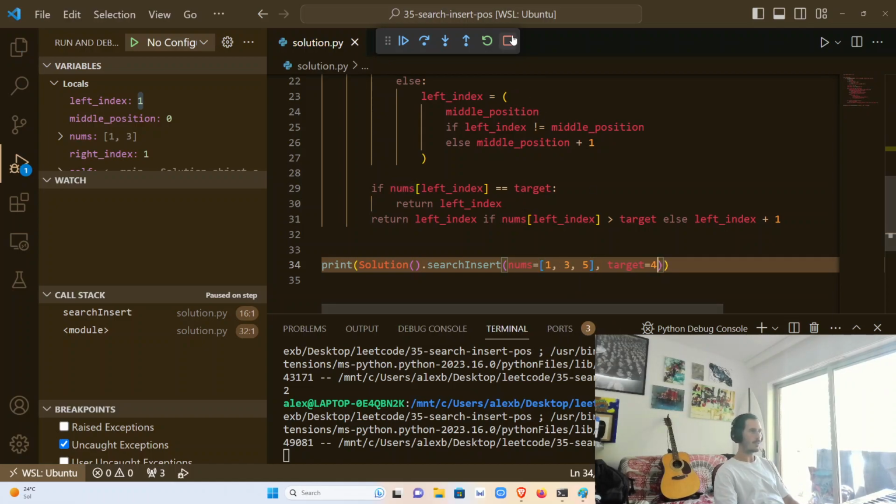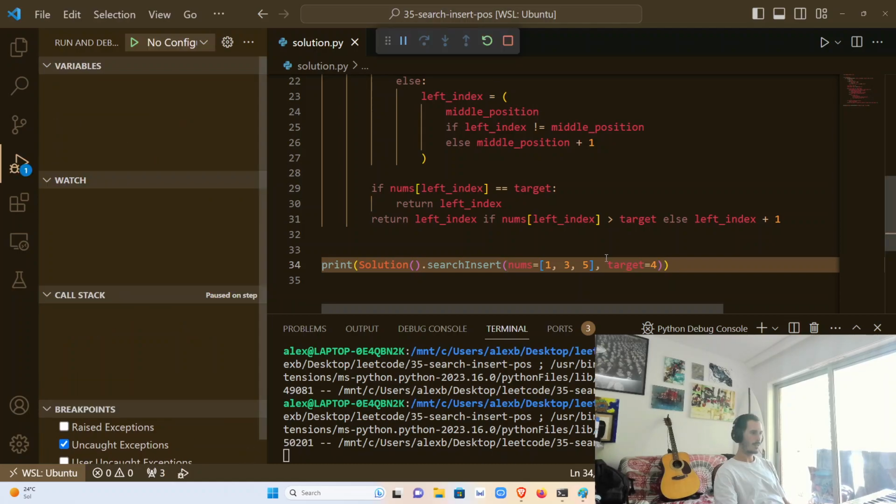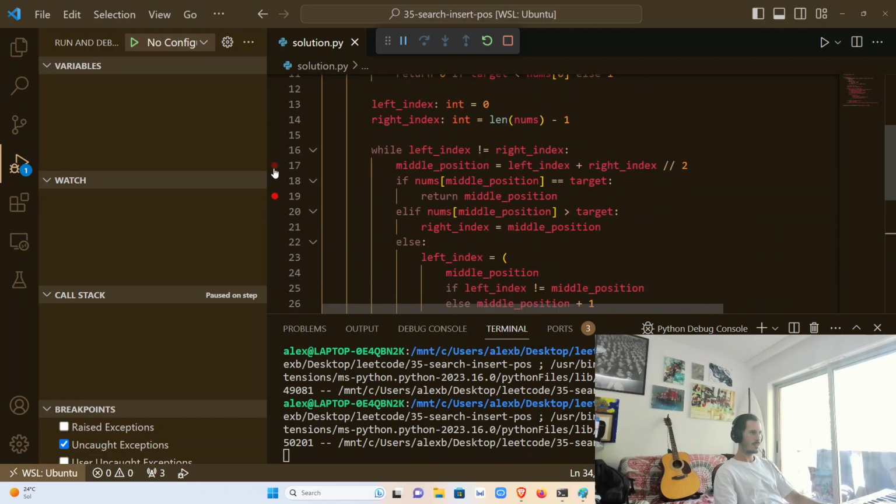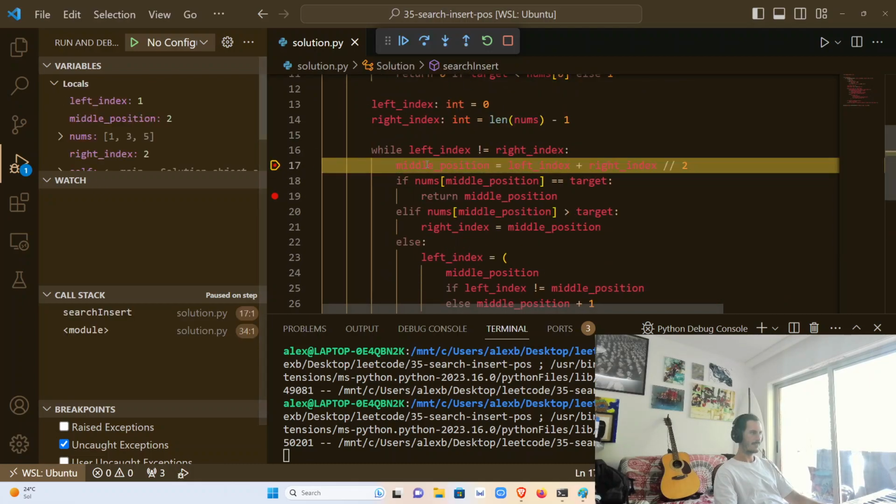This is taking so long for something so simple. Time limit exceeded. Left index is 1, right index is 2.